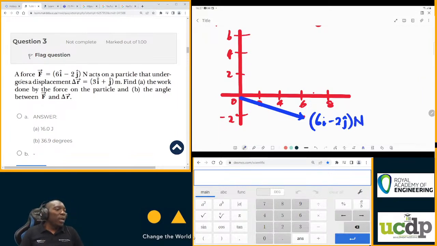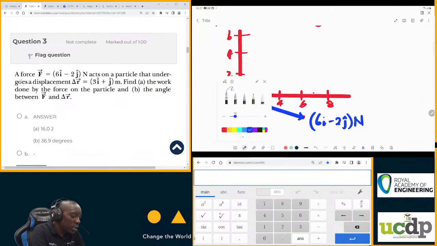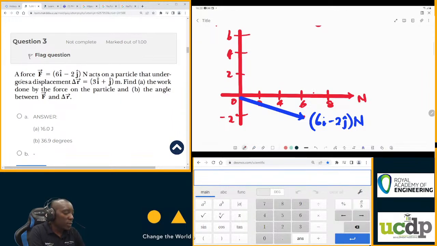And it acts on a particle that undergoes a displacement delta r. So the particle now moves 3 steps in the i direction. We can have this scale in red be in newtons, right? Then we can choose another, the black one, to show what happens there. The part in meters, the black part, will use the same scale.